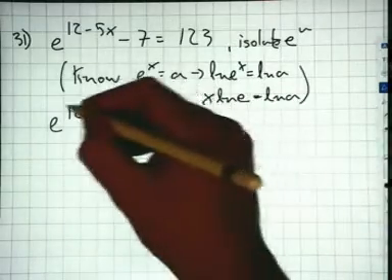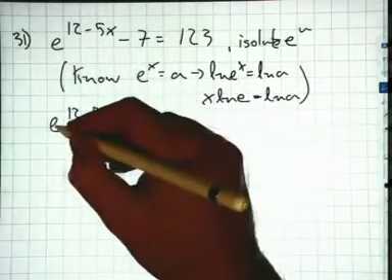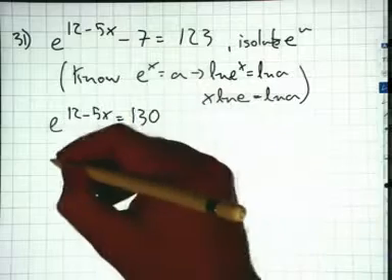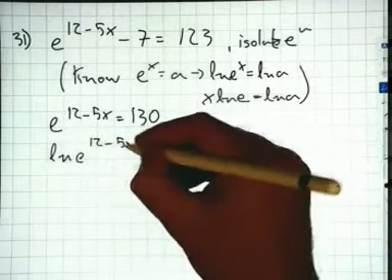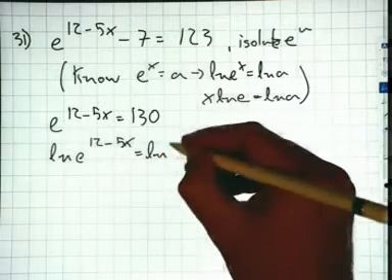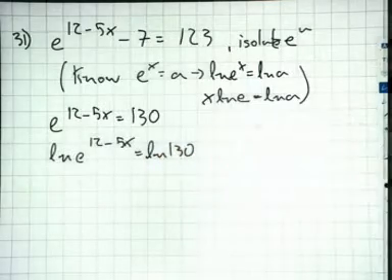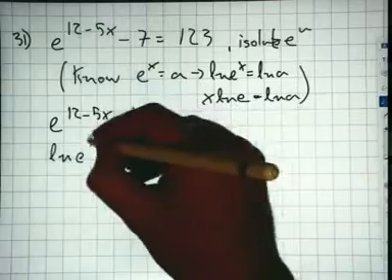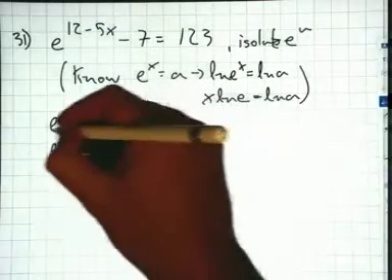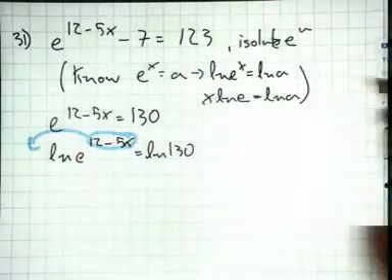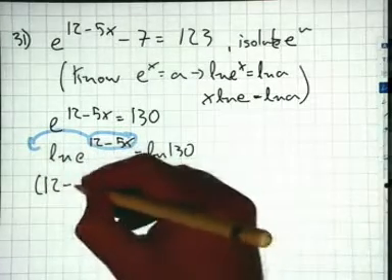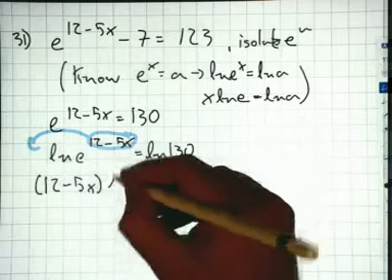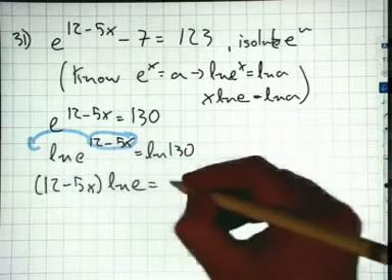Now, e is being raised to this entire power. So when we take the natural log of both sides, we have to bring the entire exponent down as an entire expression that is going to multiply the natural log of e.